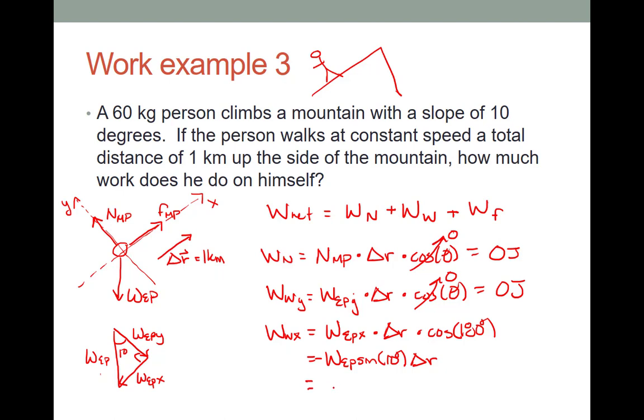And that works out to be minus 60 kilograms times 9.8 meters per second squared times the sine of 10 degrees times 1,000 meters, and that works out to be negative 102.1 joules.